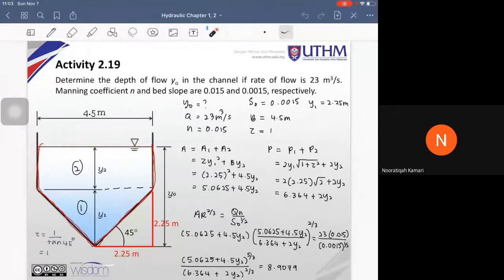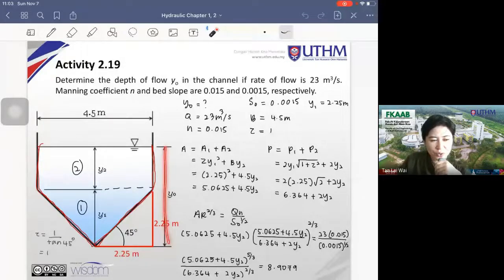Y naught is for the overall height. Y naught is also the symbol for depth in uniform flow, right? Yes, uniform flow, depth of uniform flow. That's why we use the symbol Y naught. If it is just Y, it means depth in general, including non-uniform flow. So Y naught is specifically for the depth of uniform flow. Okay, thank you. Go ahead please.